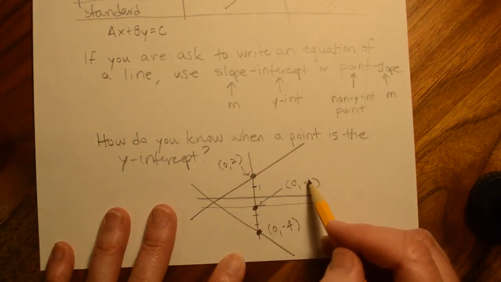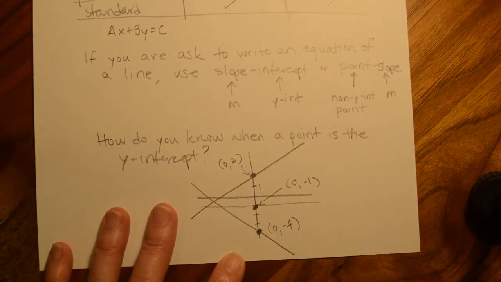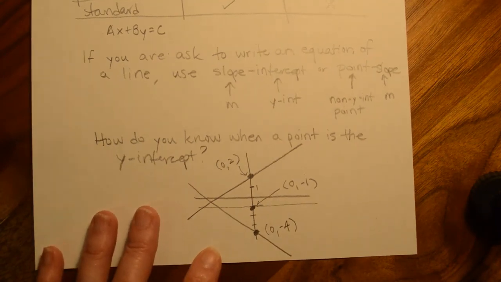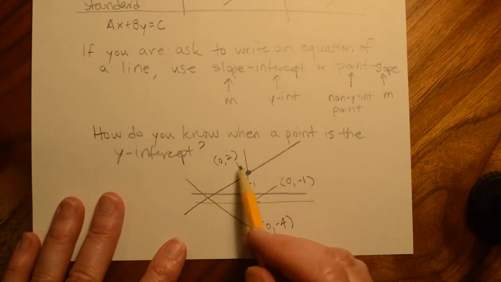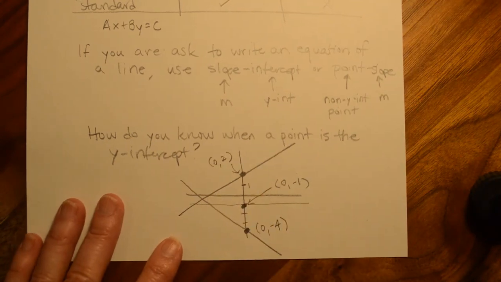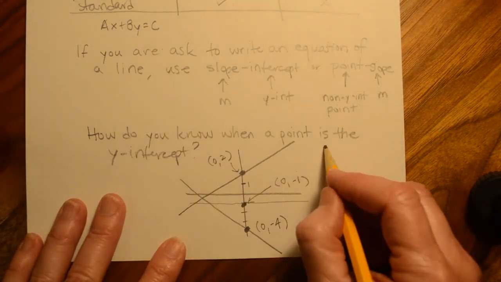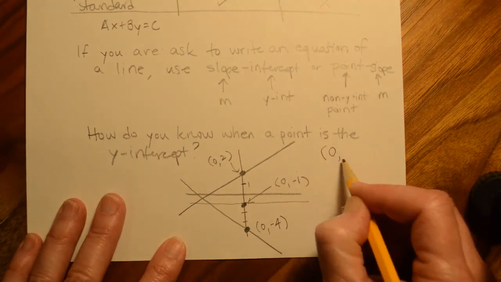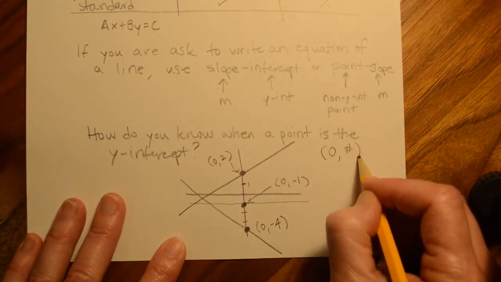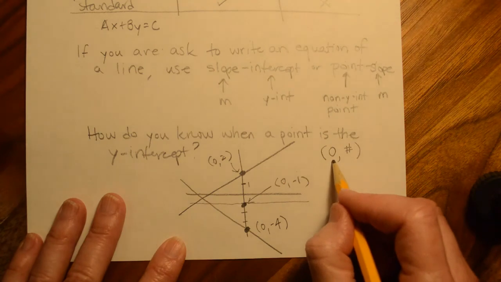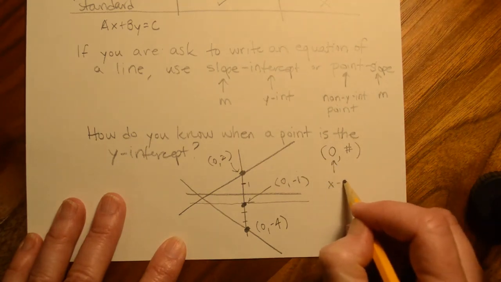What do you notice about all of these y-intercepts? Hopefully you realize that the x-coordinate is always 0. So how do you know when a point is the y-intercept? It's always in this form, 0, comma, some number. Right? So the x-coordinate will always be 0.